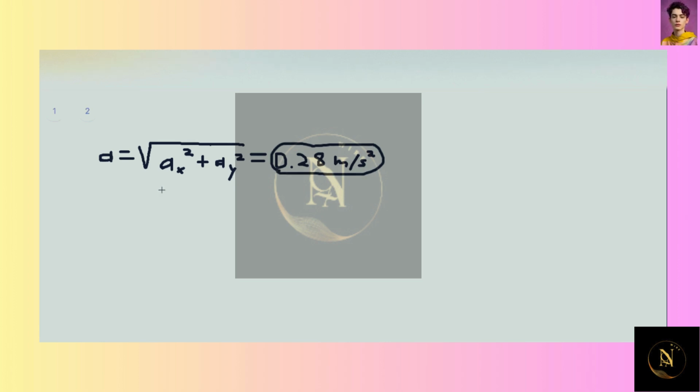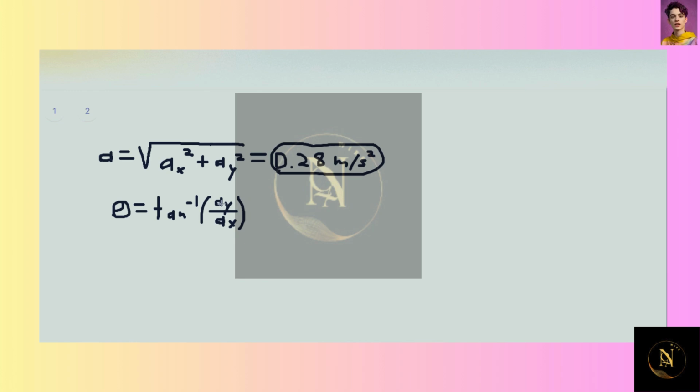Okay, and now for the direction. I'm going to do arctan of the y component of A divided by the x component of A. The angle theta gives me the direction.